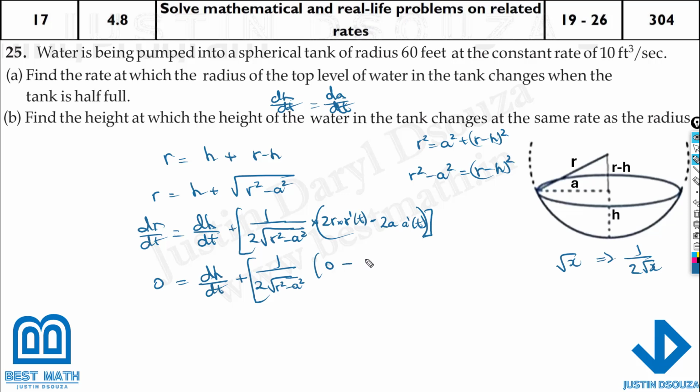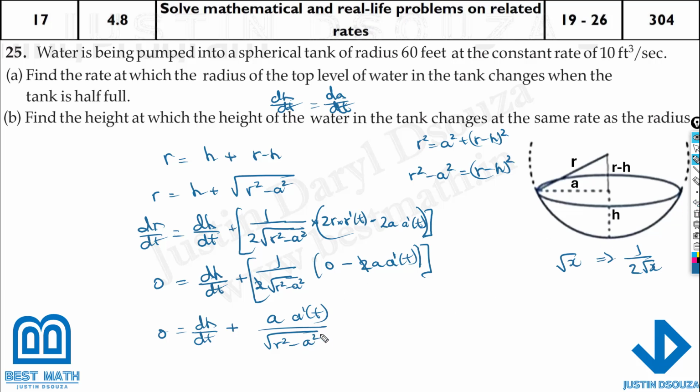So it's 0 minus 2 times a prime of t, or dA by dt. So now this is 0, this is 0. So let me rewrite it, dH by dt plus, we'll just multiply this, so this cancels off, and what remains is a prime of t divided by square root r square minus a square.